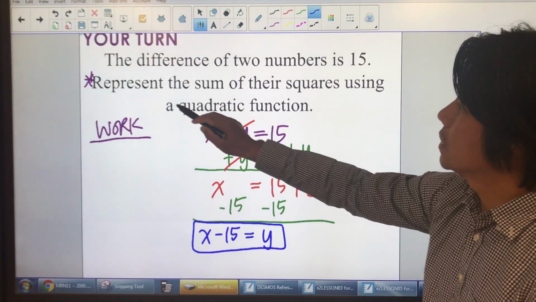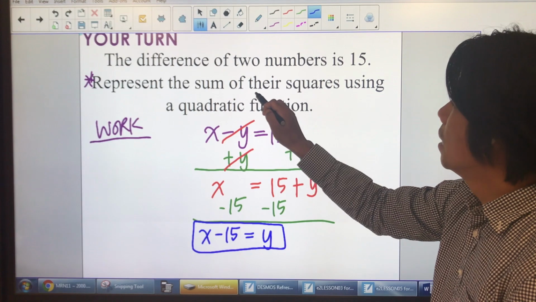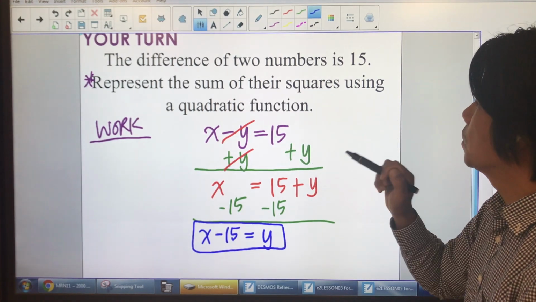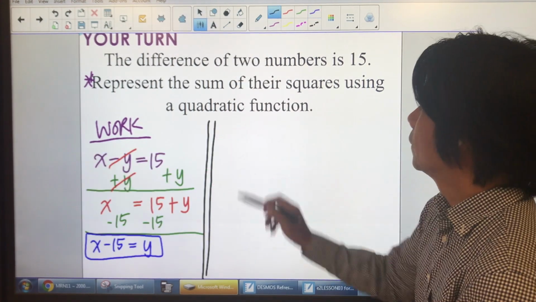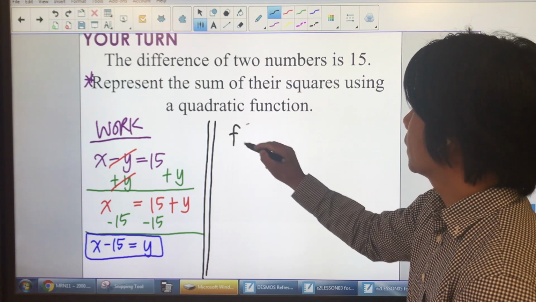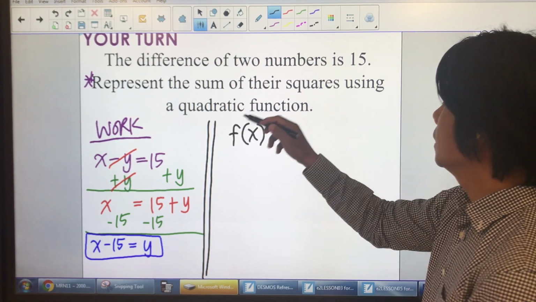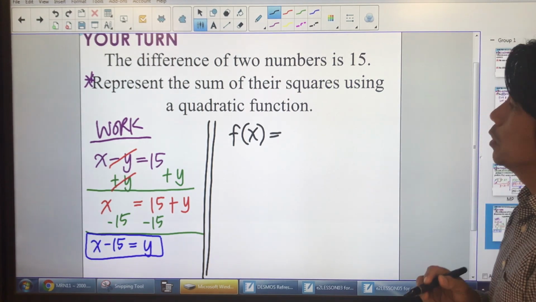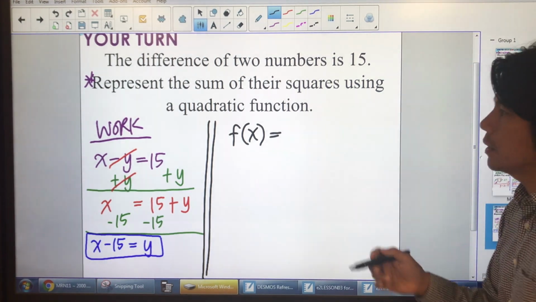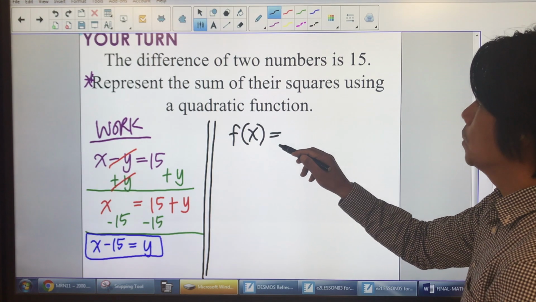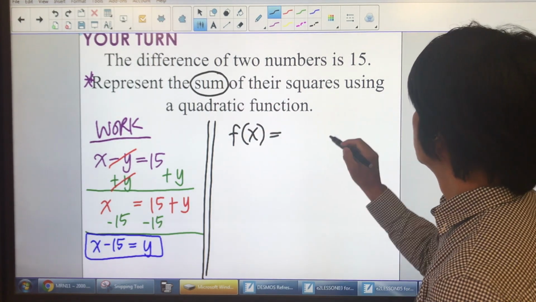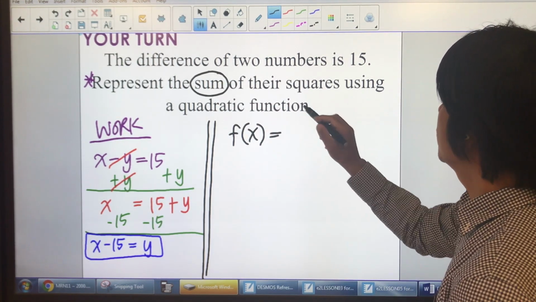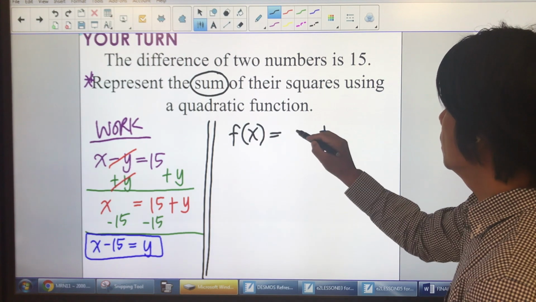We're gonna use this in the next part. Going back here, it says represent the sum of their squares using a quadratic function. So f of x, they didn't give us a variable to use, so f of x is the generic. F of x equals what? The sum of their squares, the x and the y.